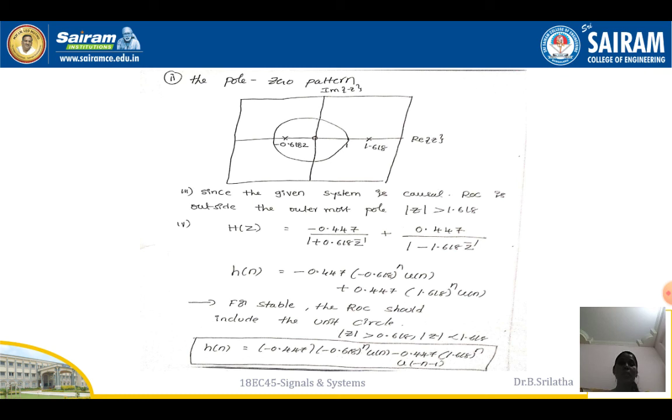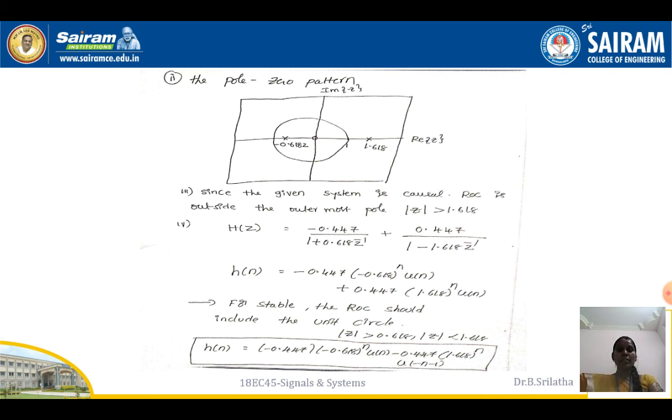After that we can apply the inverse Z transform to get H of n. H of n is equal to minus 0.447 into minus 0.618 whole power n into u of n, and the next one is plus 0.447 into 1.618 whole power n into u of n.